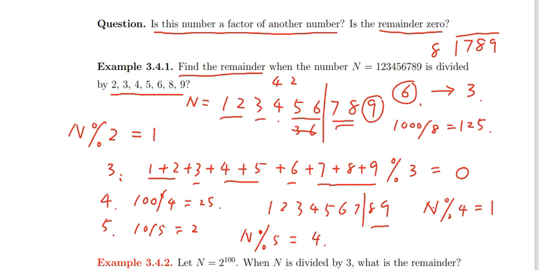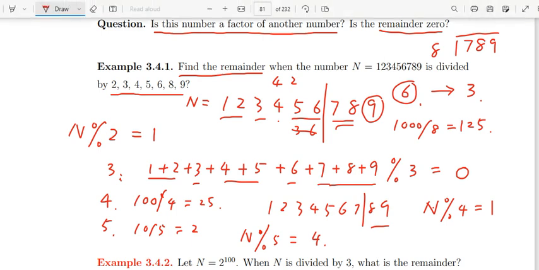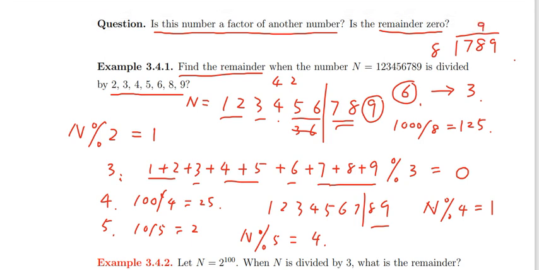This is really easy, right? Divided by 8, the remainder is 5.